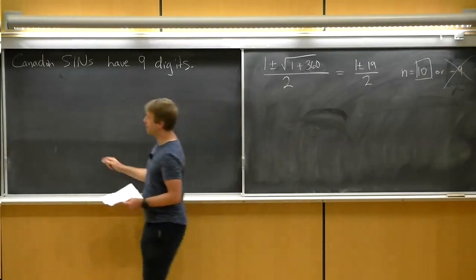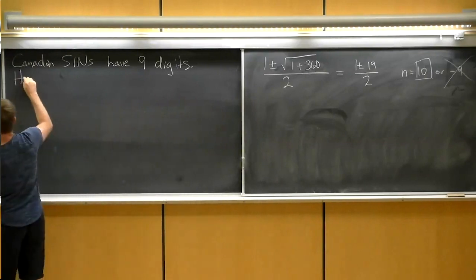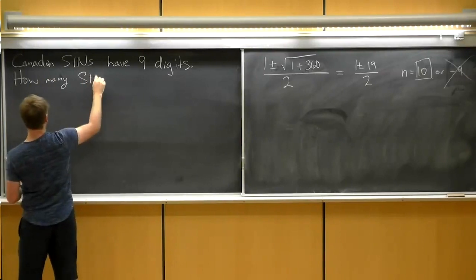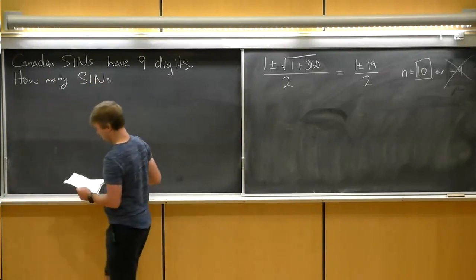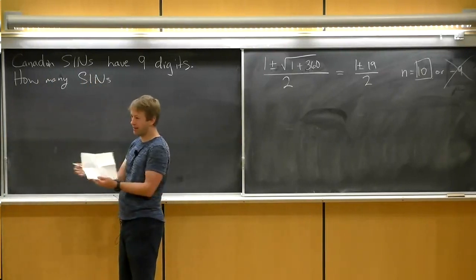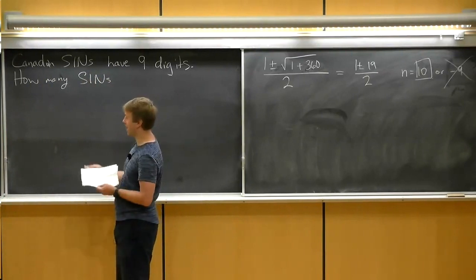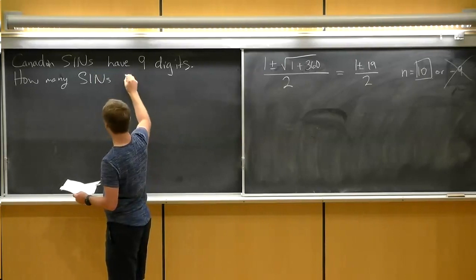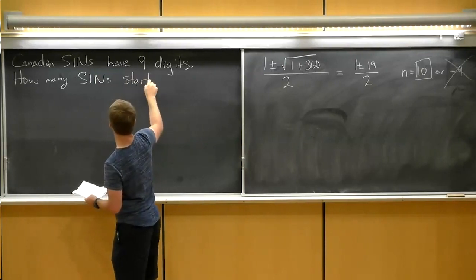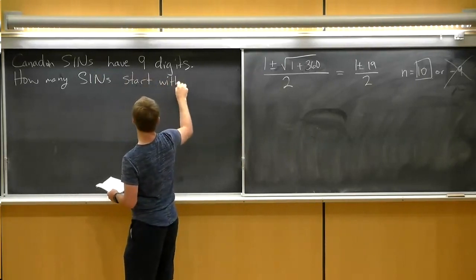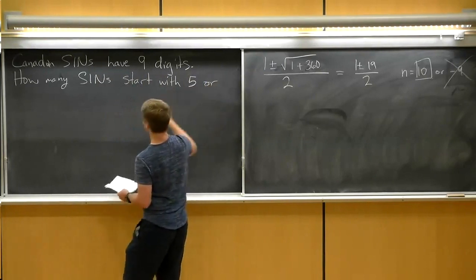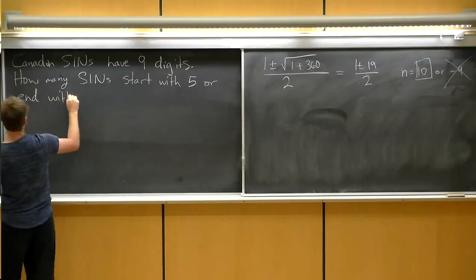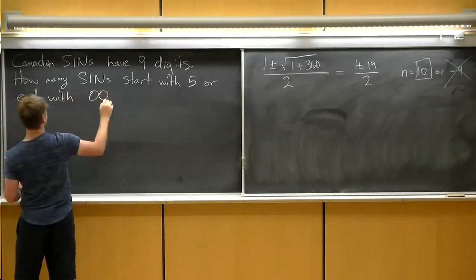So how many possible social insurance numbers, I don't mean the actual ones that are used in practice, start with a 5 or end with 0, 0.